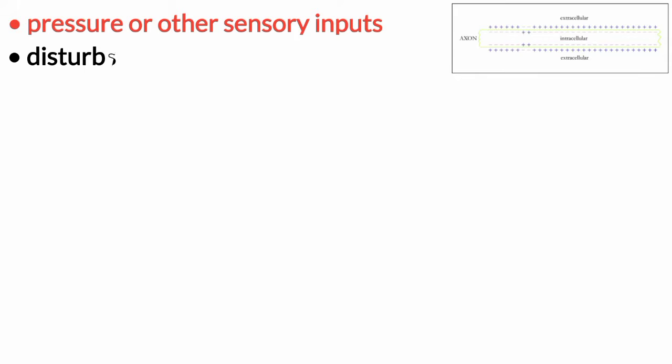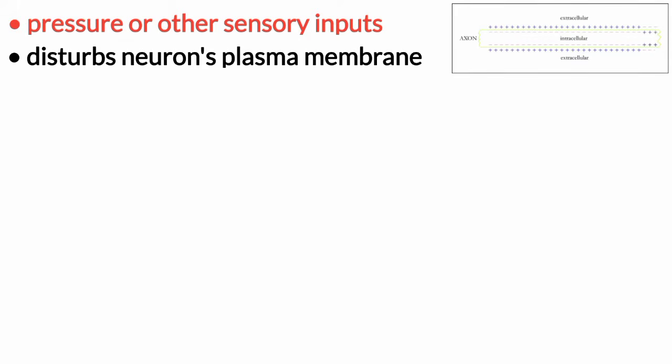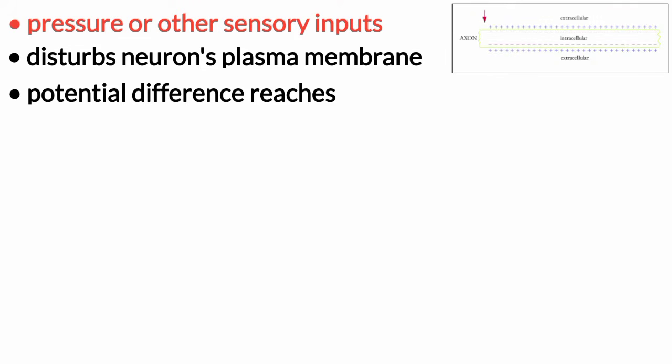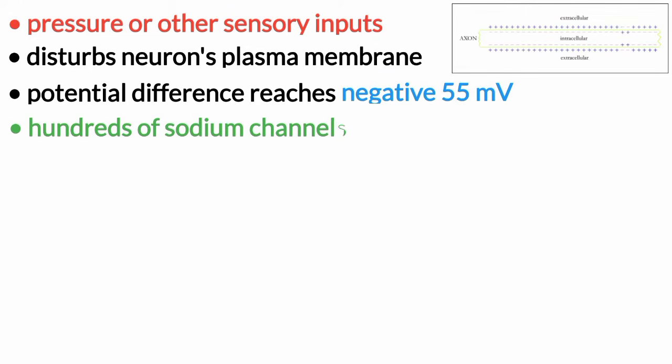Now, a nerve impulse starts. When pressure or other sensory input disturb a neuron's plasma membrane to the point that the potential difference reaches a threshold voltage of about negative 55 millivolts, this causes hundreds of sodium channels in that region of the membrane to open briefly.